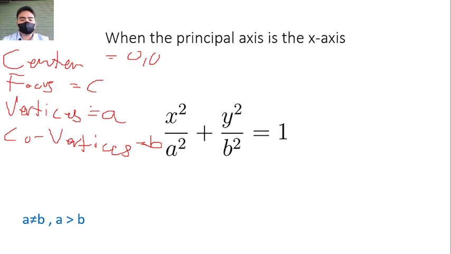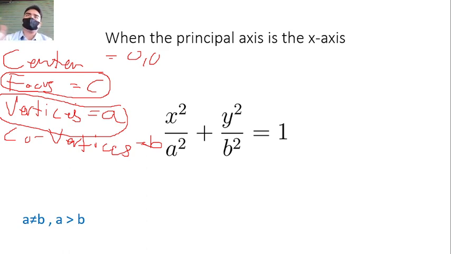Now, isn't it that we said that vertices and focus always lie on the major axis? When we say major axis, it is also called the principal axis. So when your vertices and focuses lie on your major axis, that is your principal axis. You will notice that A is on your x-axis, so therefore your principal axis is x.